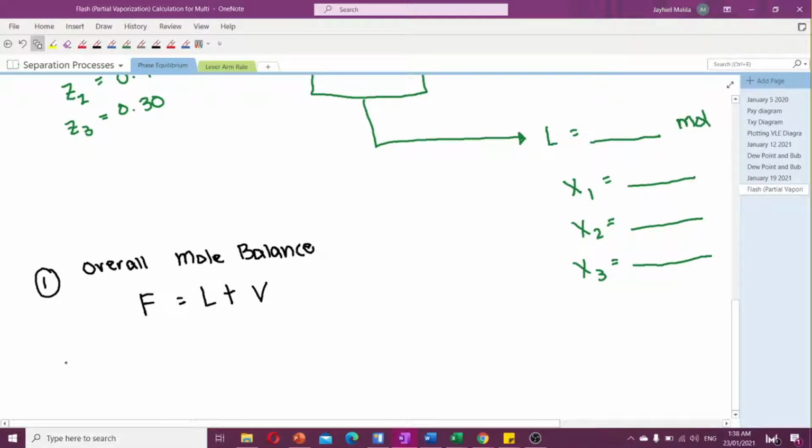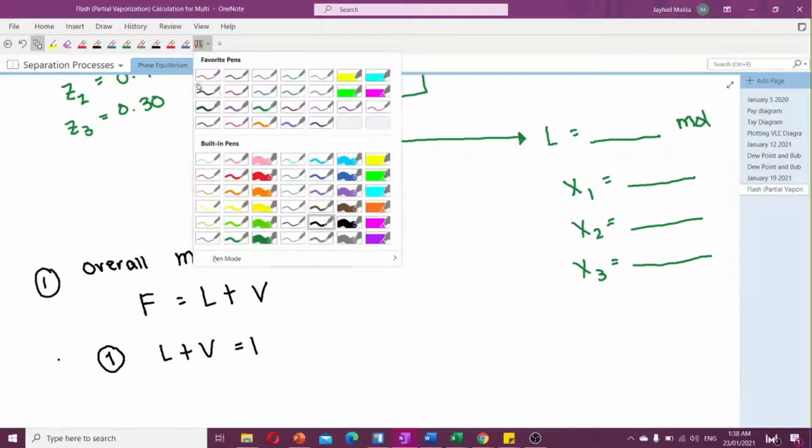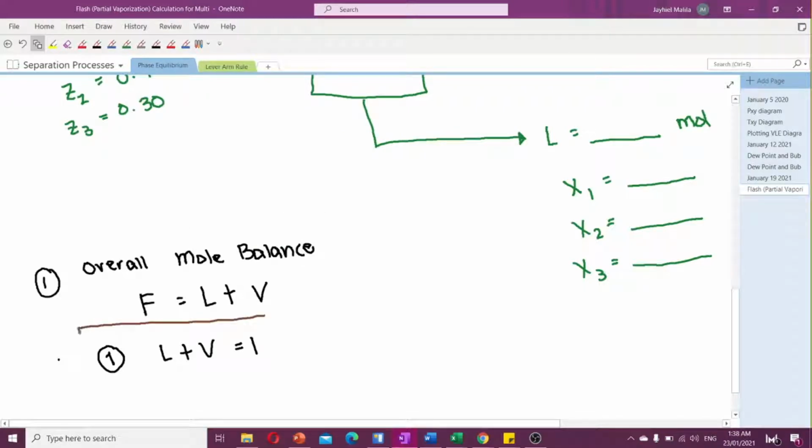So we can declare number 1 as L plus V equals 1, which is the amount of feed in moles. So let's box this equation over here. We will get back to that one later.